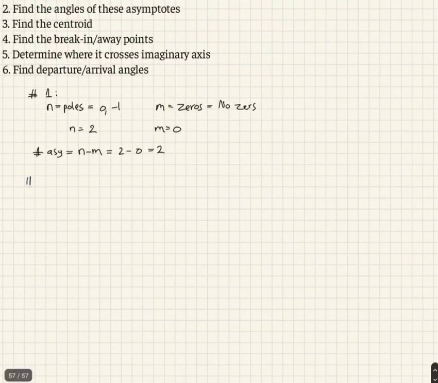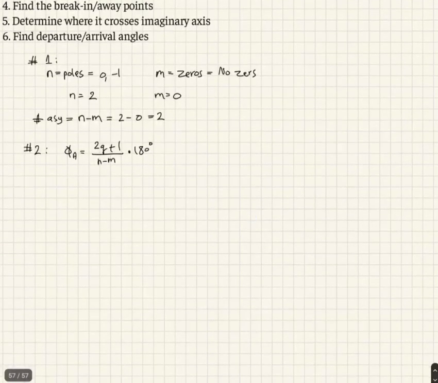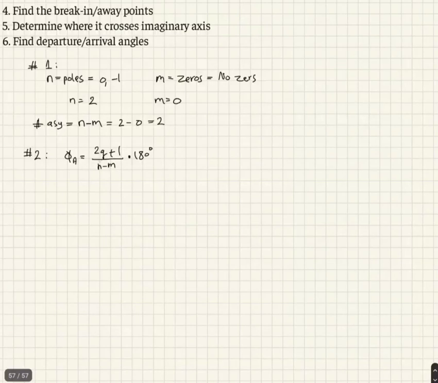There is a formula for that: 2q plus 1 over n minus m, times 180, where q represents the index of the asymptotes, and it always starts from 0 and goes up to the number of asymptotes minus one. So q goes up to n minus m minus 1, which is 2 minus 0 minus 1, equals 1. So q goes from 0 to 1.